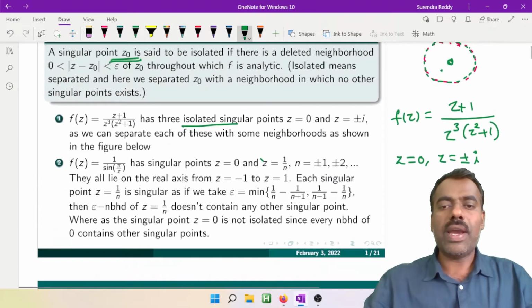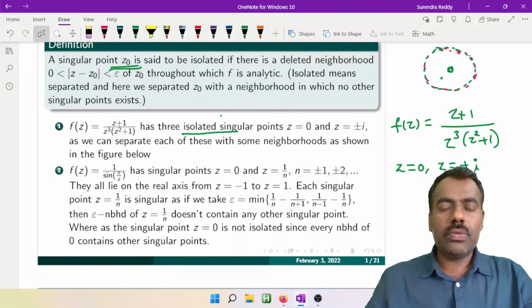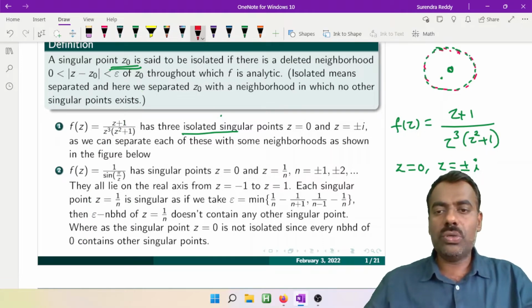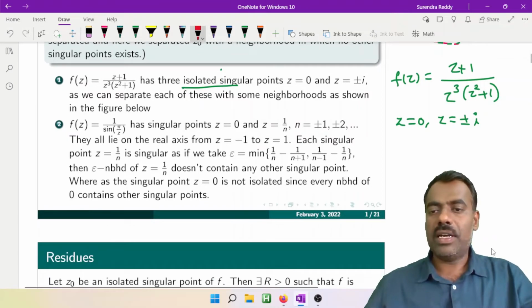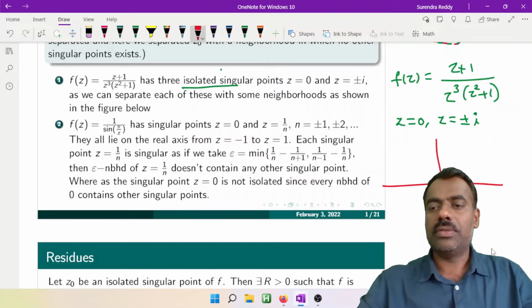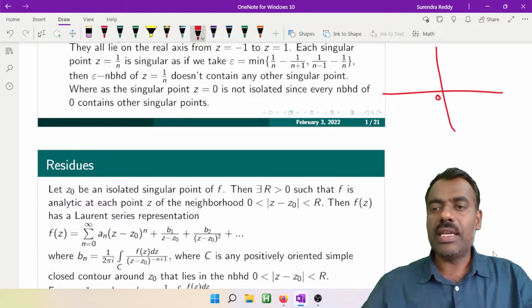Okay, why are z equal to 0, i and minus i isolated singularities? If we draw the picture, then we can understand. Here you will have 0, this is i, and here you have minus i.